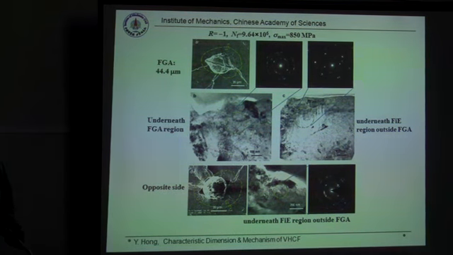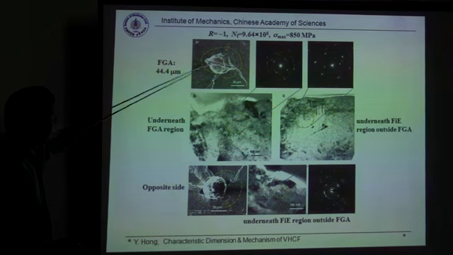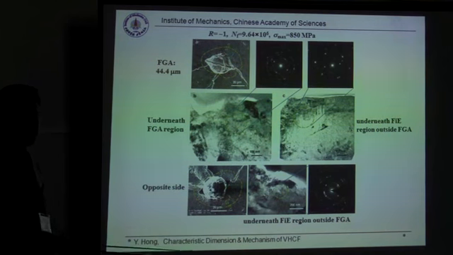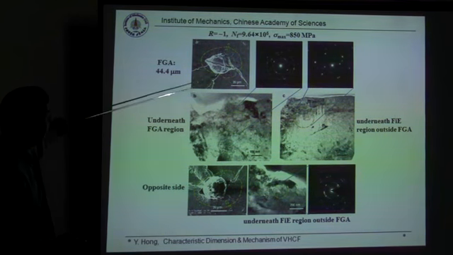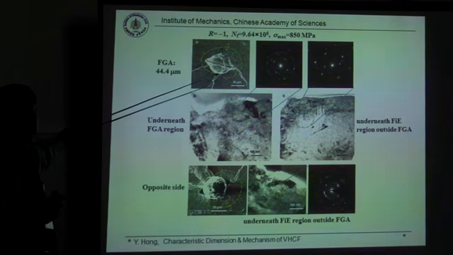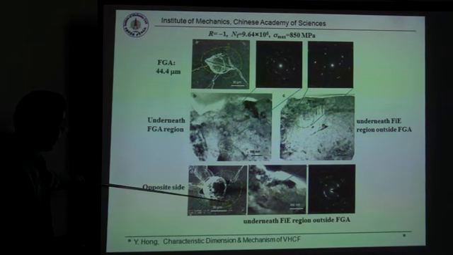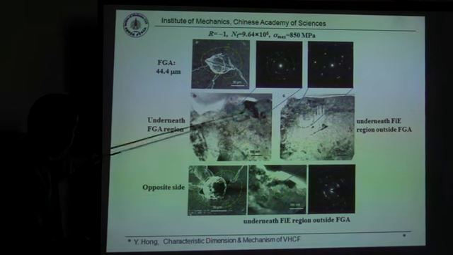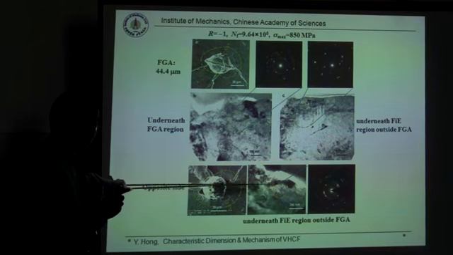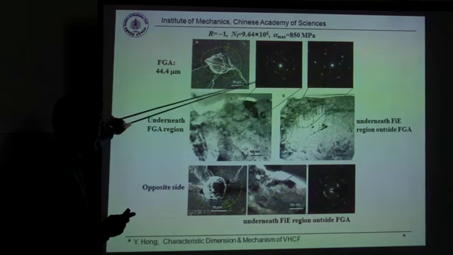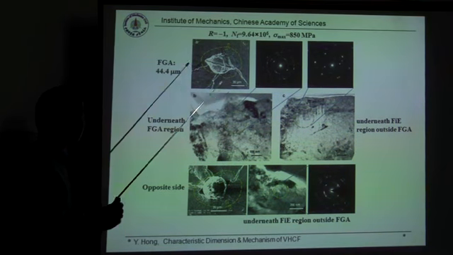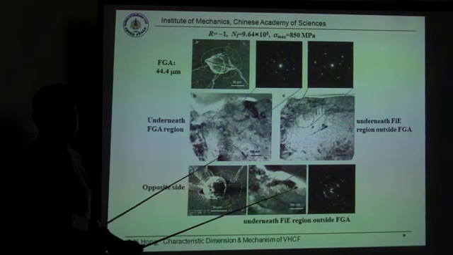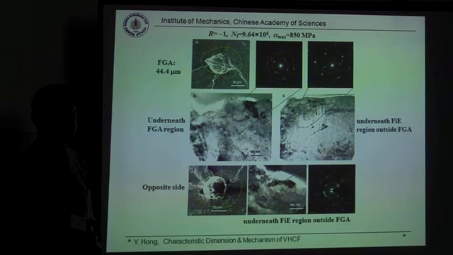And we use another sample to see the two surfaces of the fracture surface. We may call them the positive and negative surface. And we cut the fifth sample from the same location to show that underneath the FGA at the same location, there is a continuous or discontinuous circle within the diffraction area, showing very, very small grains within the area of 200 nanometers.